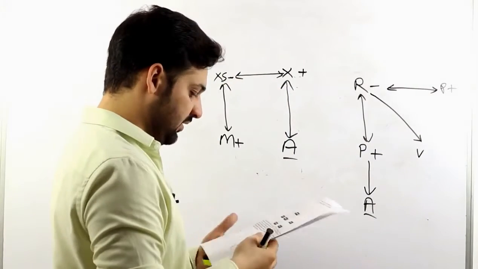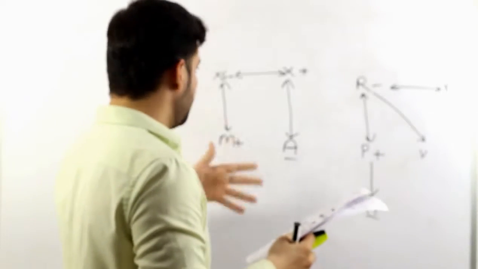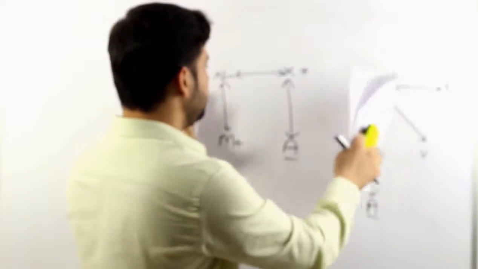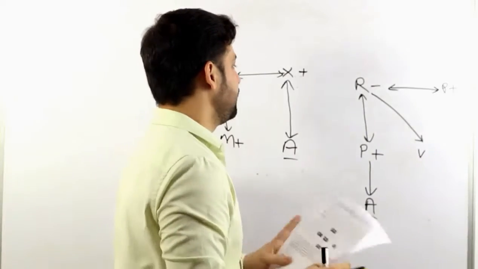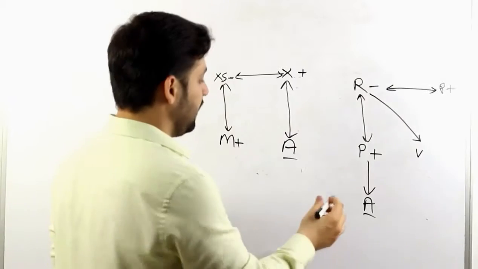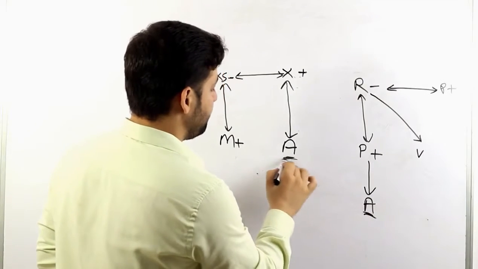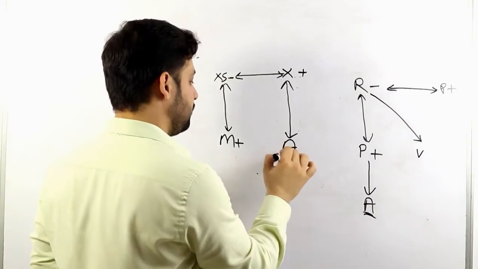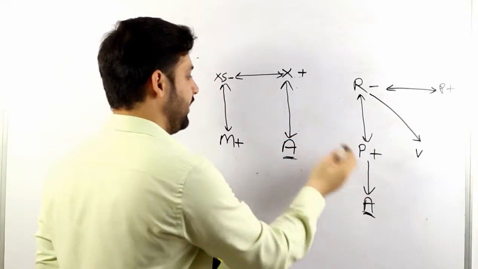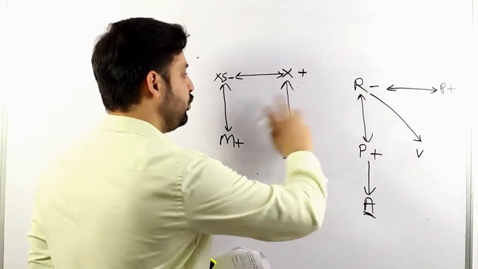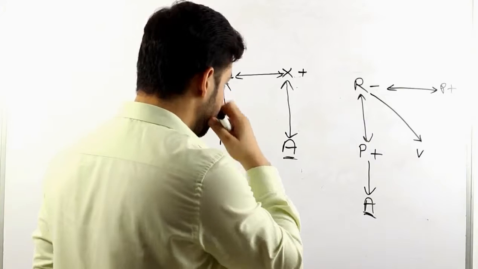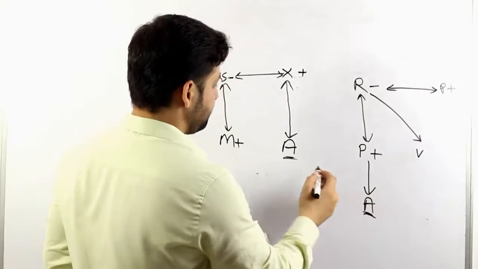How is the wife of Vikas related to Neela? So let's combine these graphs. How can we do that? First of all, Arun is the main point that relates these two graphs. Here is Arun.